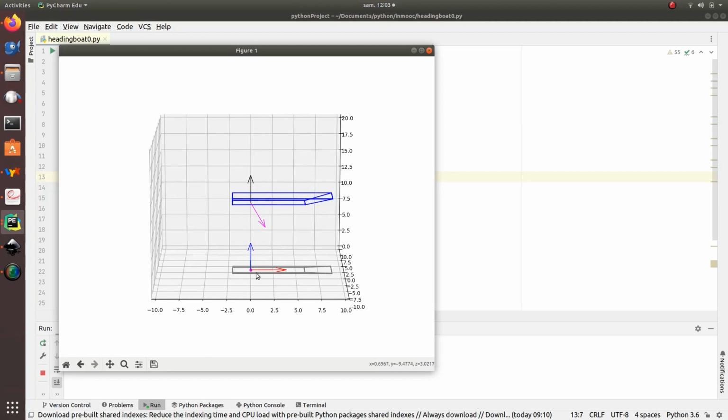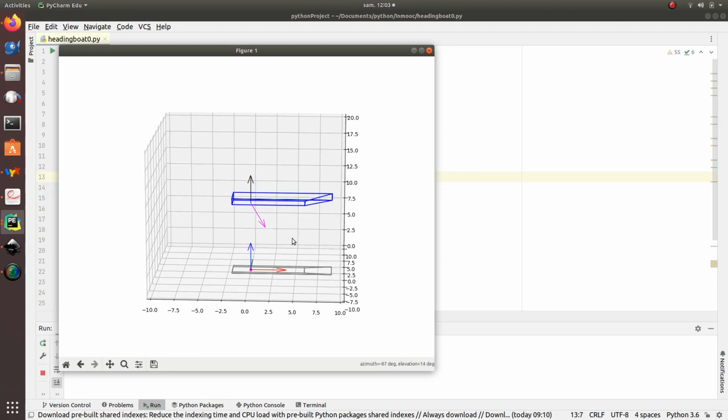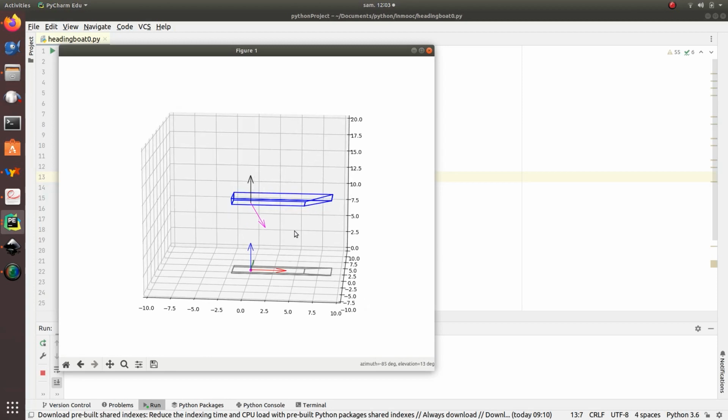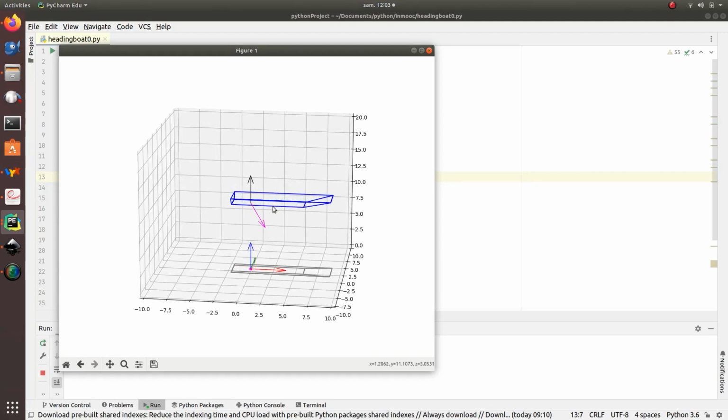Here in gray, you have the shadow, so it means the projection of the boat onto the ground. Here it is the 0 point, so normally the boat should be here at 0, but to avoid the superposition, we put a z equal to 10.